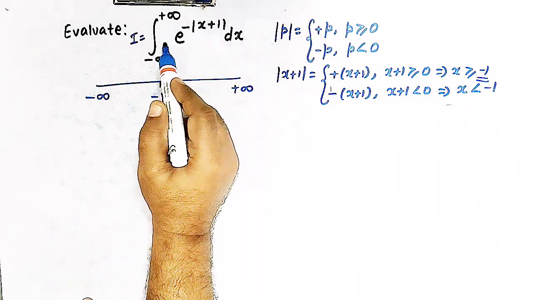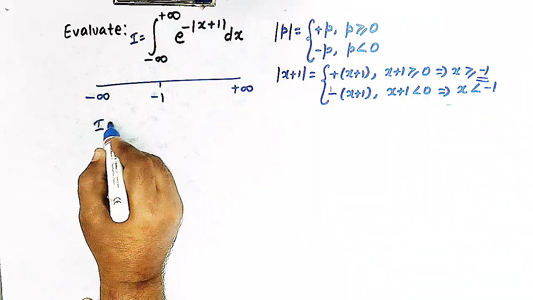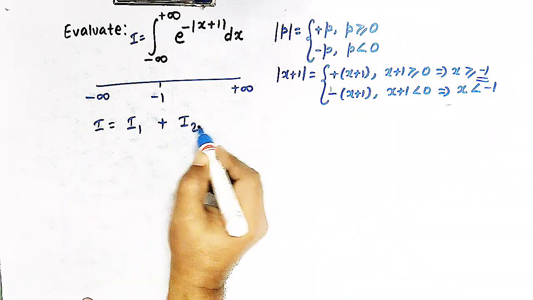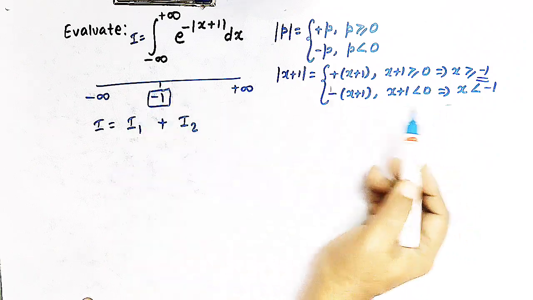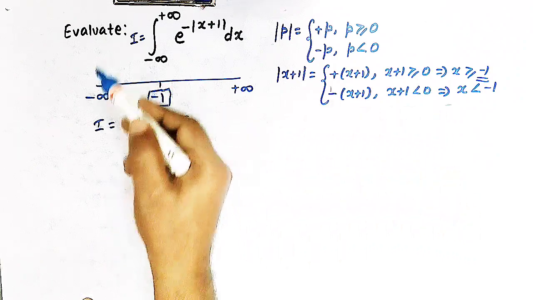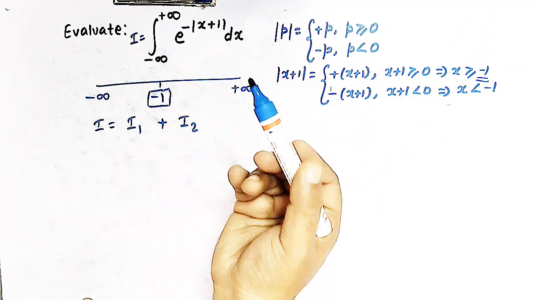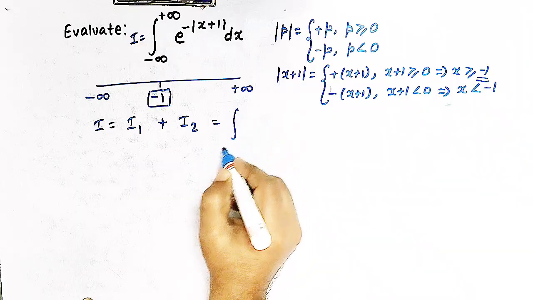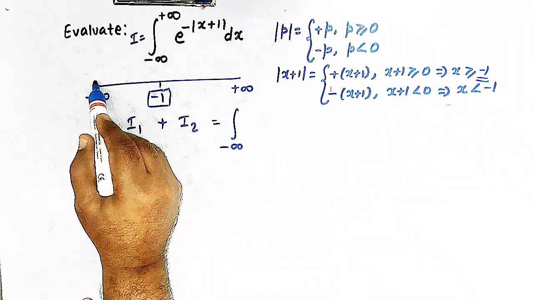So here what we will do, we will split this integral I as a sum of two integrals, right? And this is the point, that is x is equal to minus 1, where we split this integral into two parts, right? So I1 is given by minus infinity to minus 1.